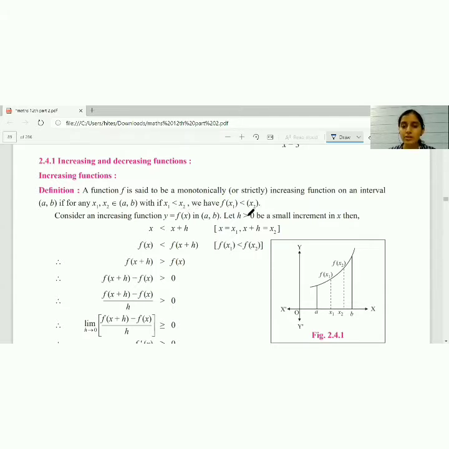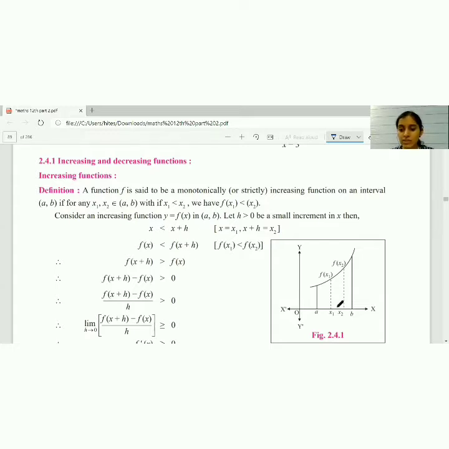Now let h greater than 0 be a small increment in x. So h is a small change in x, from x1 to x2. There are a lot of values between them, so we're taking a very small change. We know that x is less than x plus h. Is that true? Yes.